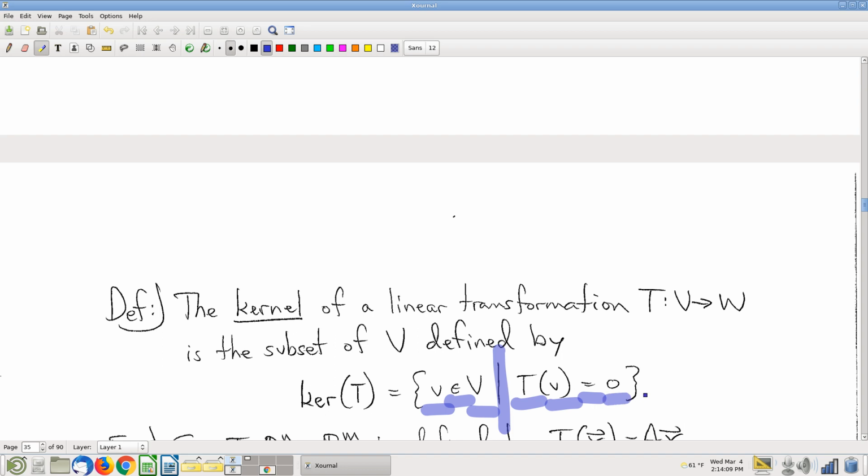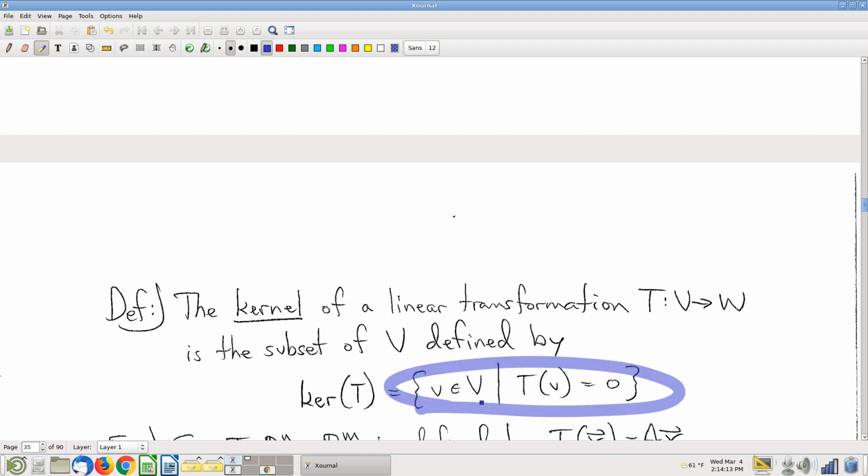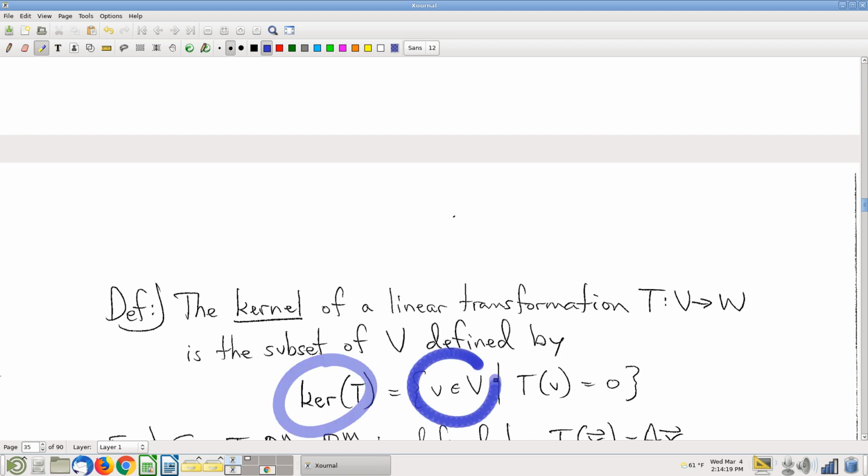Notice how very literally and directly I'm interpreting this set builder notation. So the kernel is the set of vectors that hit 0 in the target, you might say, if you want to be succinct about it.